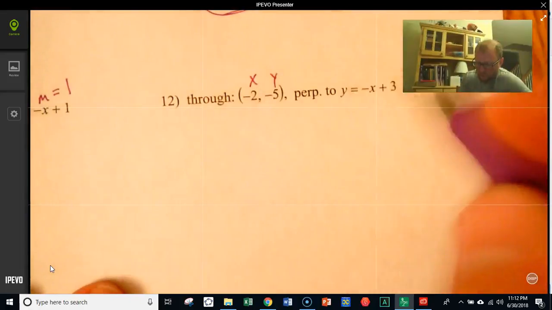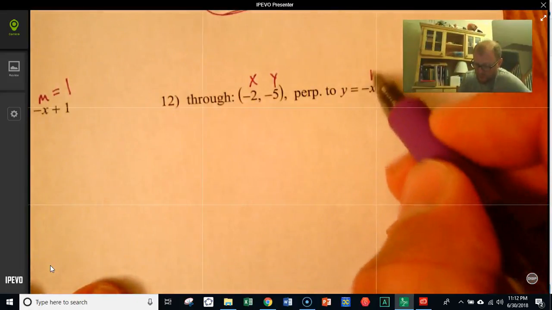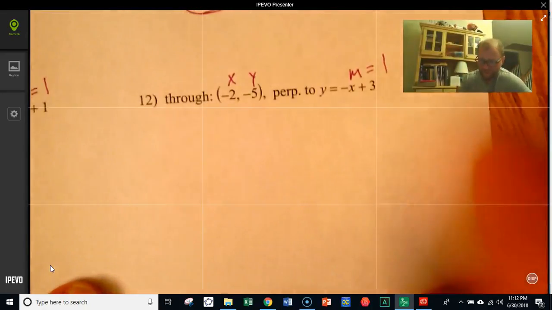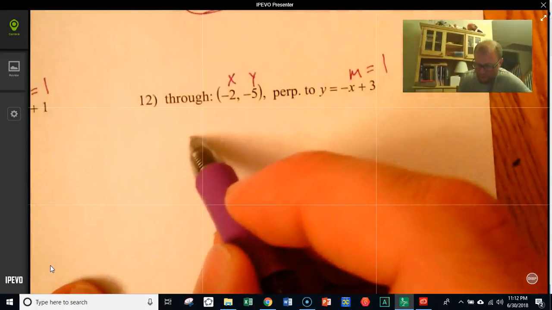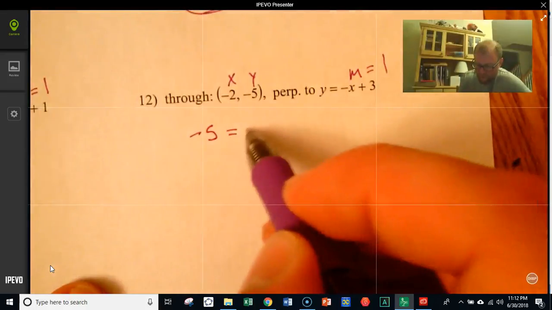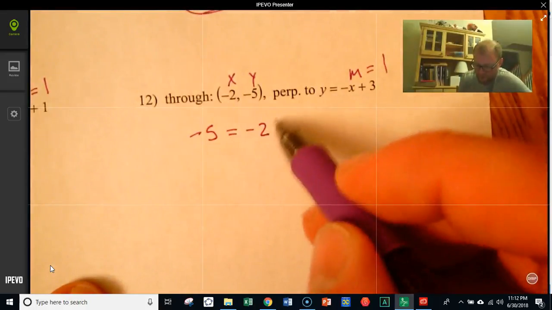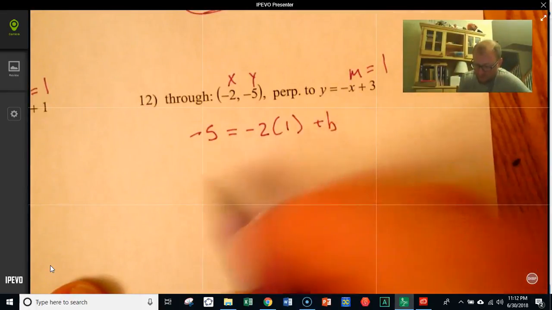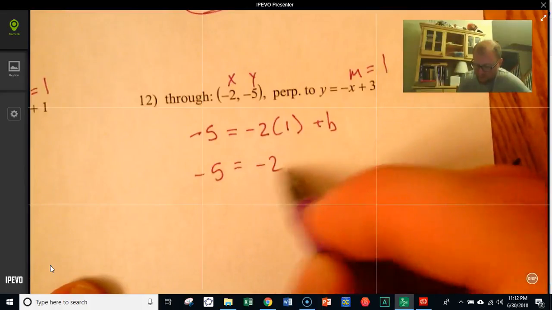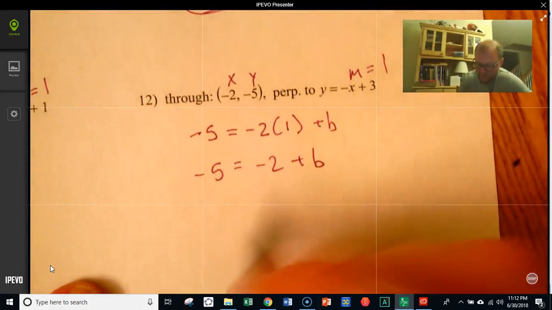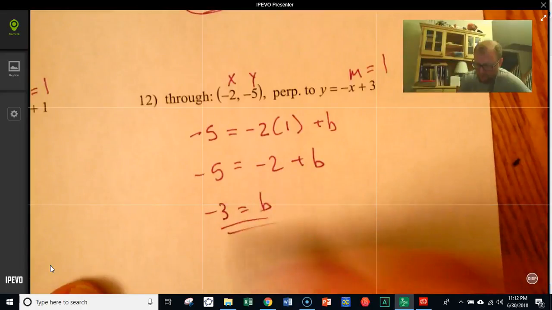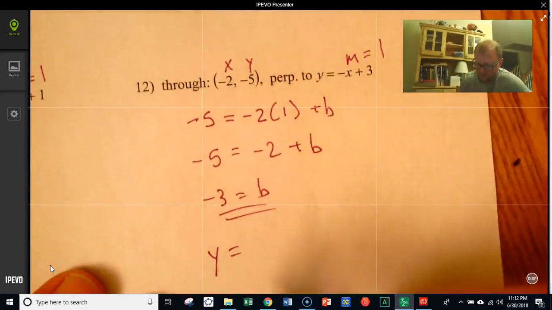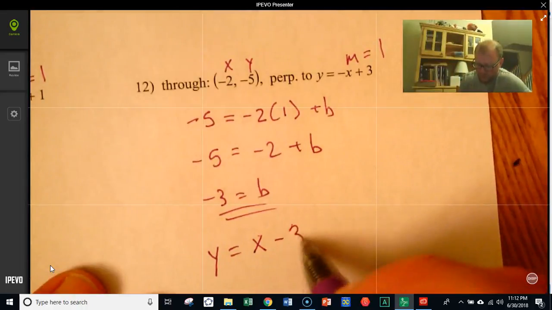Got our x, got our y, and we have our m, which will be 1 again. We've got negative 5 equals negative 2 times 1 plus b. Negative 5 equals negative 2 plus b. Add 2 to both sides. Negative 3 equals b. So our equation is y equals, we don't write the 1, x minus 3.